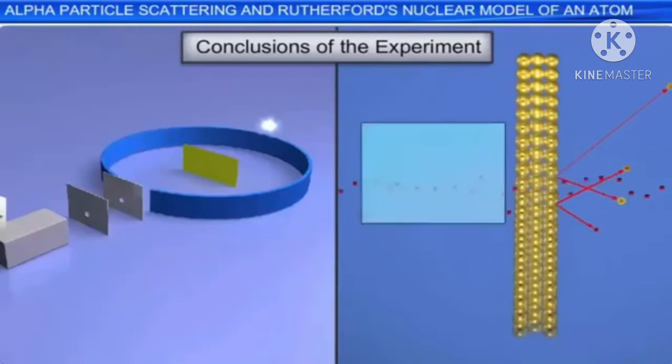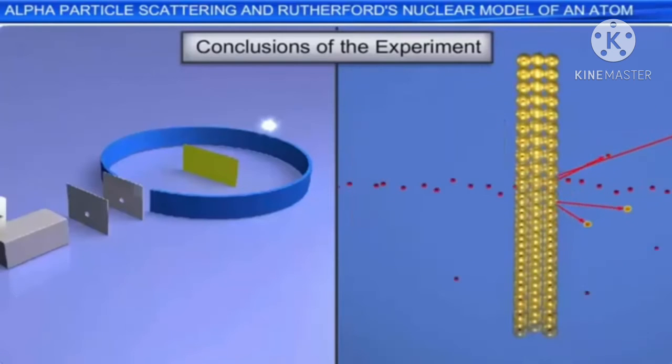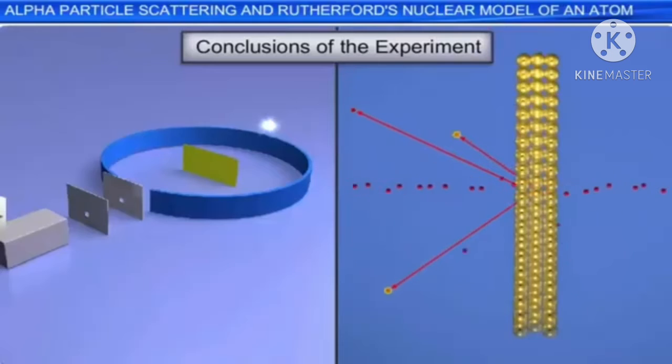have been positively charged. And 1 in 8,000, that is about 0.0125% of the incident alpha particles scattered by more than 90 degrees, that is, they scattered backwards. For this to have happened, such alpha particles must have experienced a large repulsive force.